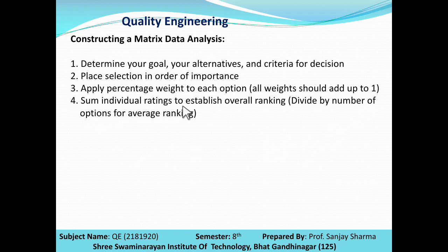Sum the individual ratings to establish an overall ranking, then divide by the number of options to get the average ranking. It means summing all the individual ratings so that we get an overall ranking of the particular thing, and then dividing the total ranking so that we get the average ranking.